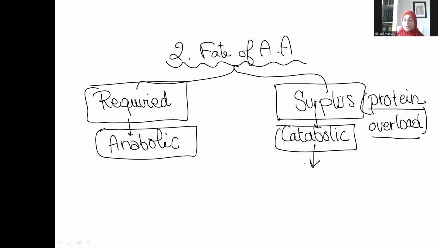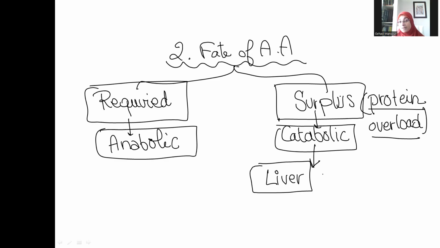If you abuse or if you exaggerate and you eat a lot of proteins just because you like them or because your coach has told you to do this, the surplus amino acids will be broken down or catabolized in the liver. So this is another important function of the liver.